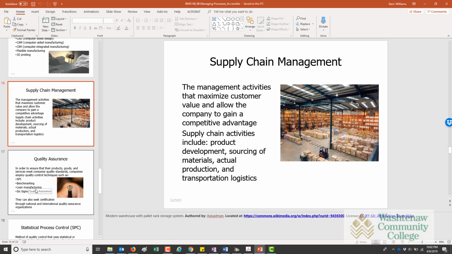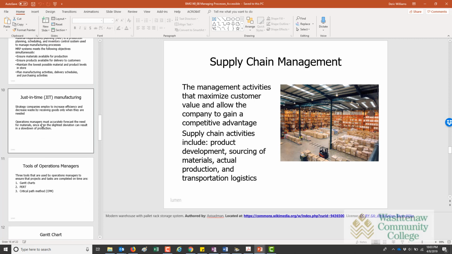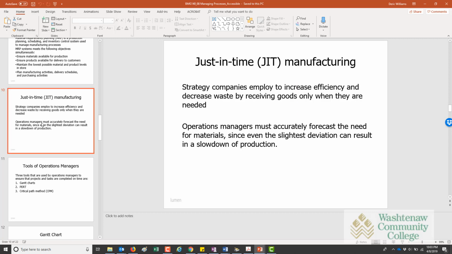And speaking of inventory management, this chapter is going to go over many different ways to manage that. I'm going to just highlight one of them, the just in time. So this is a strategy that really focuses on improving efficiency, and essentially is saying that you're only going to have your inventory or your supplies in your warehouse just in time for them to go into your product. So you're not going to store tons and tons of supplies because that's a waste of space.